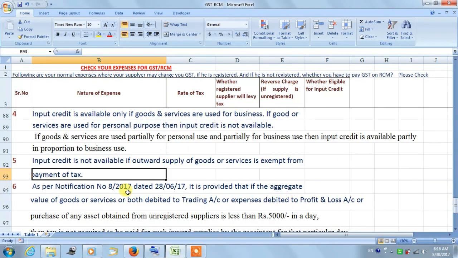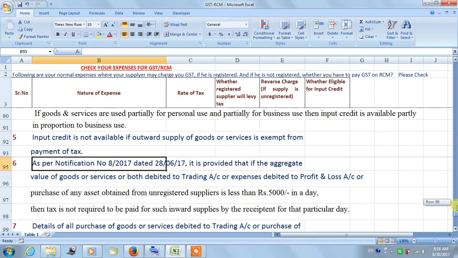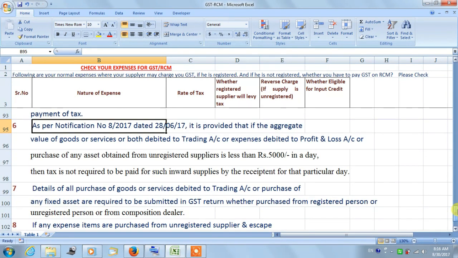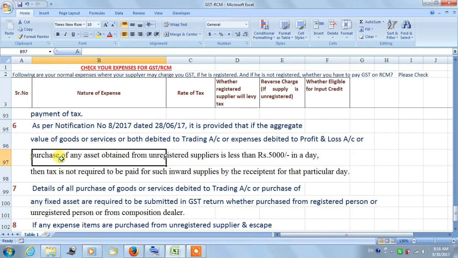As per notification number 8/2017 dated 28th of June 2017, it provides that if the aggregate value of goods or services or both debited to the trading account, or expenses debited to the profit and loss account, or purchase of any asset obtained from an unregistered supplier is less than 5,000 in a day, then tax is not required to be paid on such inward supply by the recipient for that particular day.